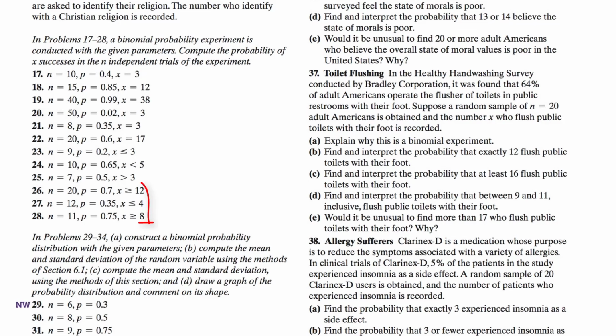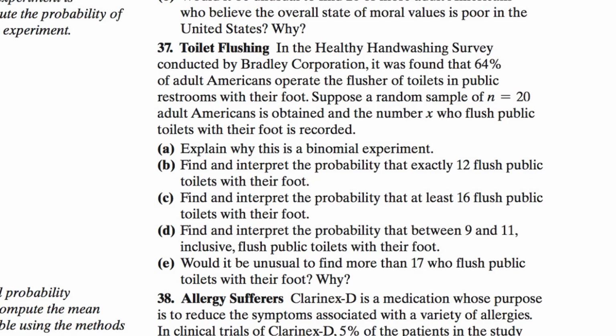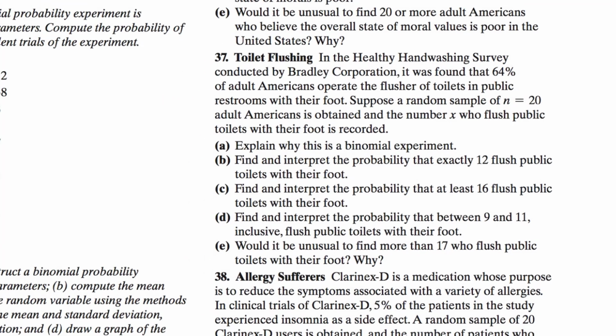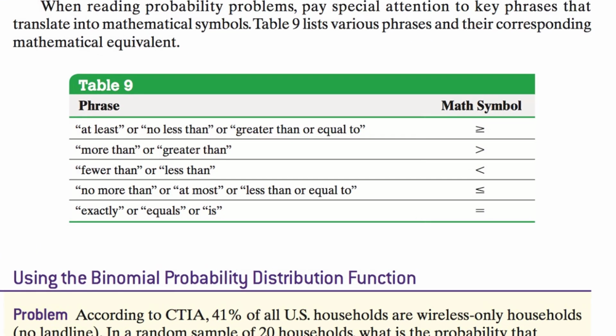Part C says, find and interpret the probability that at least 16 flush public toilets with their foot. Now this is one of those instances where that table could come in real handy. Take a look. Here's table 9 again, and you'll notice that at least can also be expressed in other ways, but it translates to greater than or equal to.